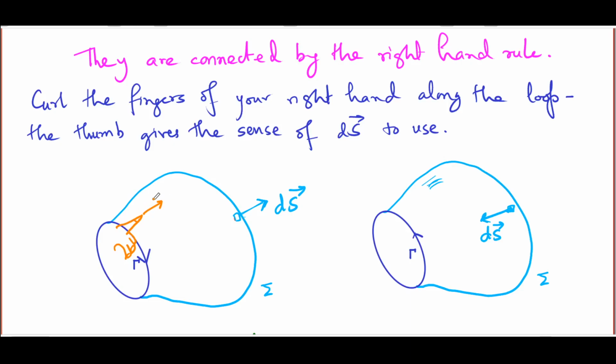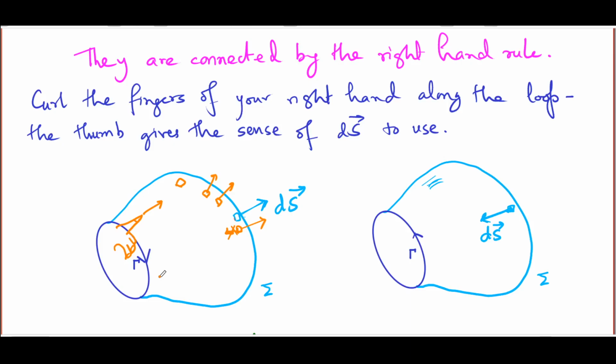Of course, this only gives you a sense, and basically the idea is that ds in neighboring regions has to be chosen using continuity. That is, if the ds here is pointing like this, as the right hand rule tells you, the ds next to it cannot point like this. It has to be pointing like this, which is essentially what you can determine by just using the right hand rule.